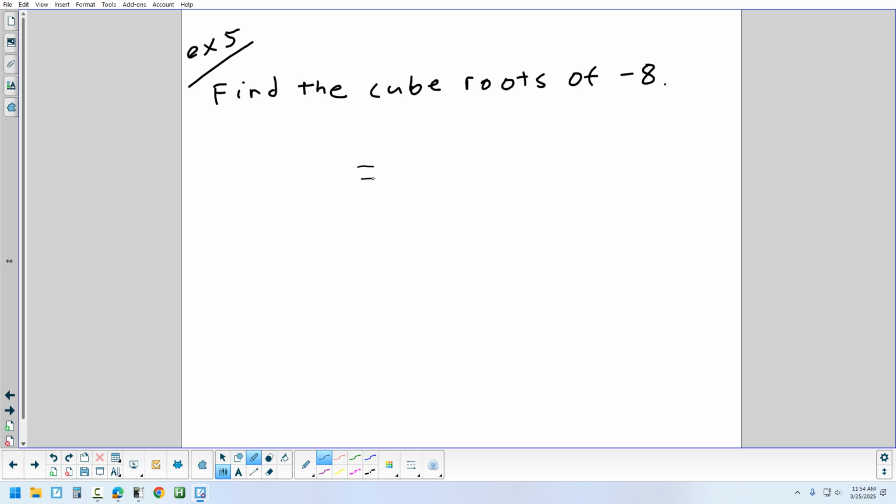What's the initial equation I would set up? This is like if you were trying to explain to somebody what it means to take a cube root. z cubed equals -8. It means that there is some number you can raise to the 3rd power and get -8. Now, what are we going to change z to?